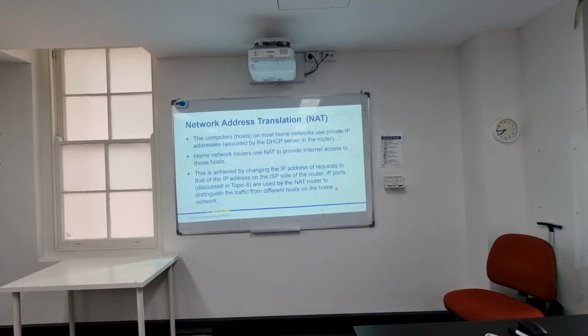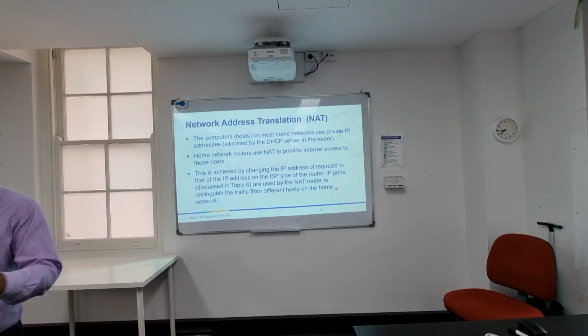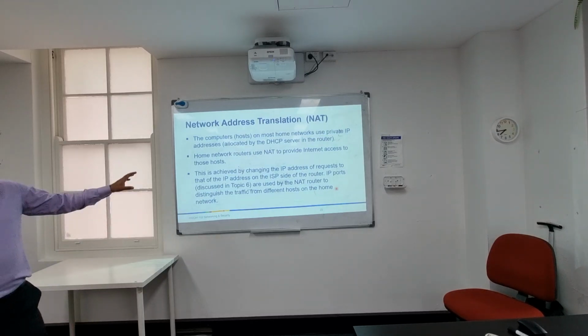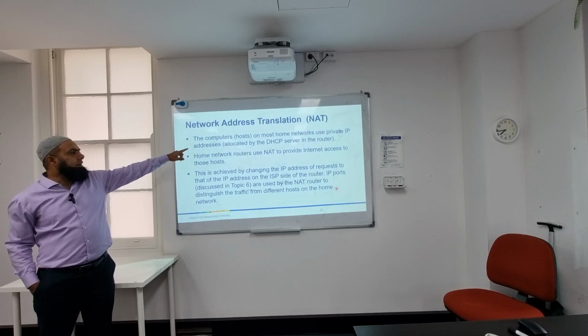Network address translation. For example, in a home network, we have 10 different devices connecting to our local router over Wi-Fi. So every device's data is going to that router. That's the job of the local one, which is in the form of private IP addresses.